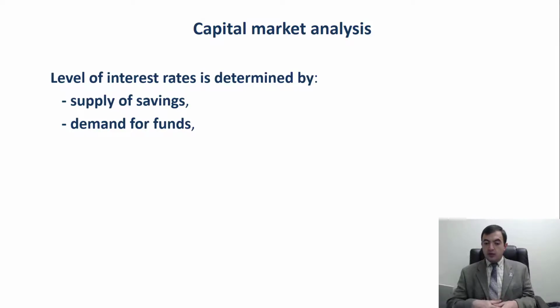Obviously, when investors invest, they have some money available, and normally it's directly correlated with savings. For that reason, we want to understand what is the level of savings, what is the supply of savings. This is from the point of view of the investor.